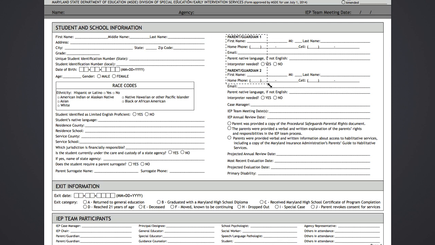And on the right side of the screen, you'll see the parent's contact information here. It's important for the case manager of the student. Typically, this is the special educator. Sometimes if it's a student with a speech and language impairment, it may be the speech and language pathologist.